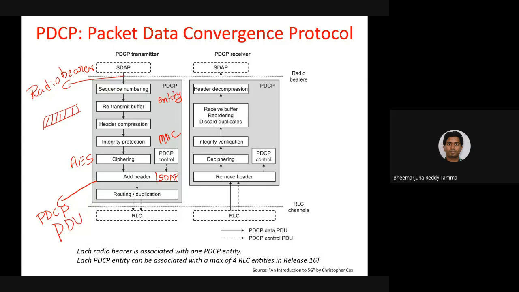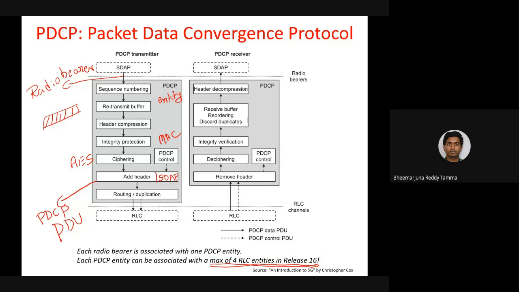So now I have the PDUs from the PDCP layer, which are now subjected to routing or duplication depending on the use case. It is possible that you can take one PDCP entity and associate it with a maximum of 4 RLC entities as part of Release 16 of the 3GPP.